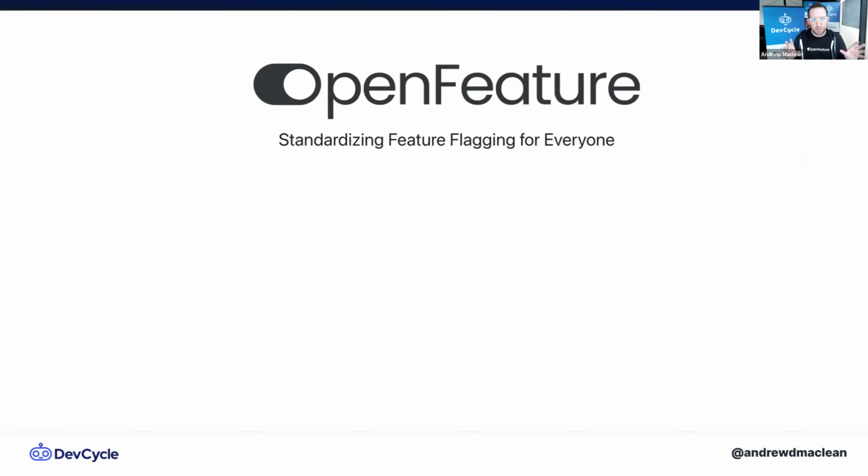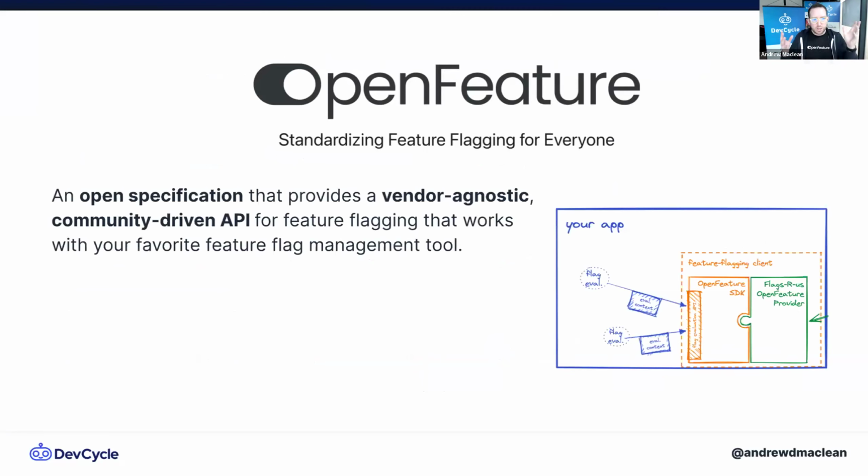Stacy talked about this at the top of the show, but at the end of the day, OpenFeature is about standardizing feature flagging for everyone. Like Stacy said, it's an open specification that provides a vendor-agnostic, community-driven API for feature flagging that works with your favorite feature flag management tool. You can see an example of how it works over here to the right.